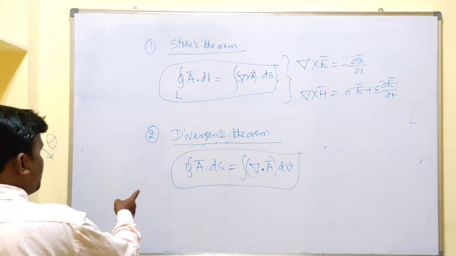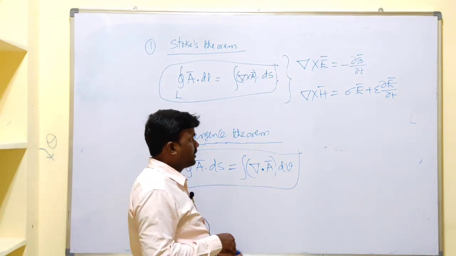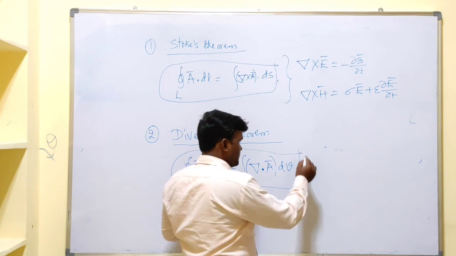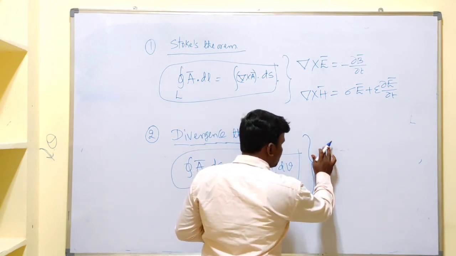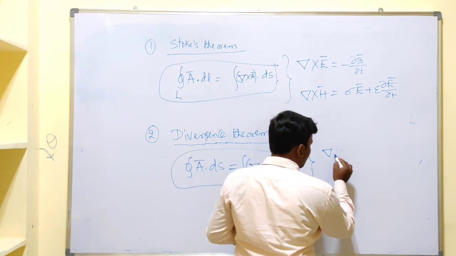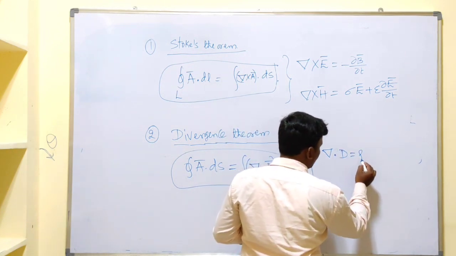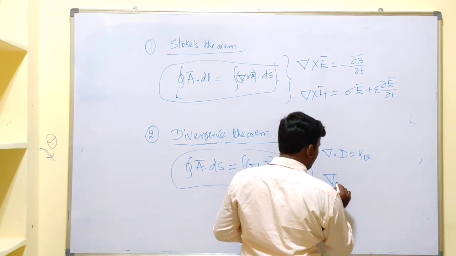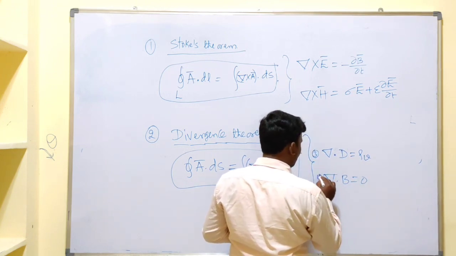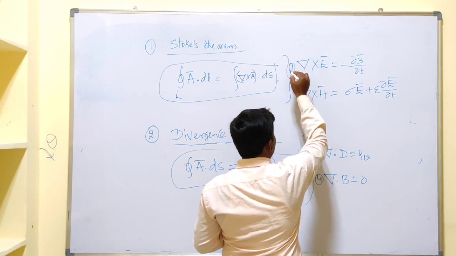This divergence theorem is used to derive the remaining Maxwell's equations. We will get del dot D equal to rho v, and another one is del dot B equal to 0. Let us say it is the third one and the fourth one, already we have the first and second.